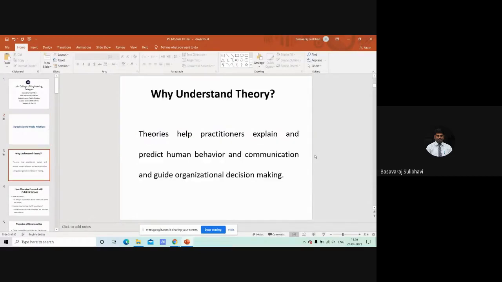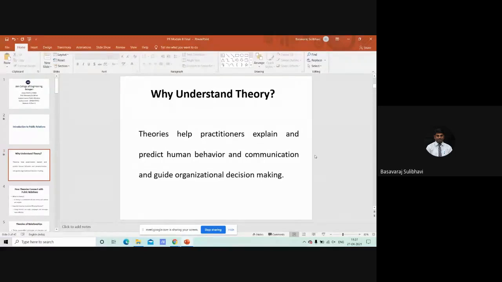Before we go through the different types of theories which have been derived and used in public relations, it's a basic thing that we need to understand what exactly a theory is. There is a very simple meaning of what we actually mean by theories.